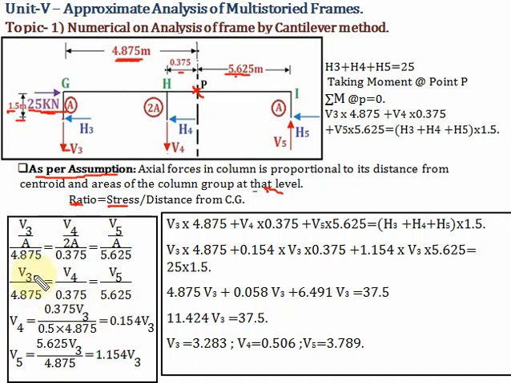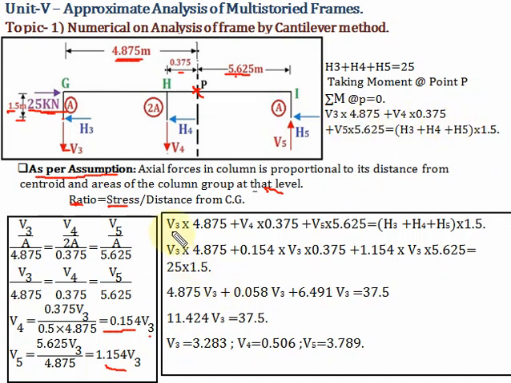Now three unknowns are there, V3, V4 and V5. We'll find V4 and V5 in terms of V3. After solving, we get V4 as 0.154 V3 and V5 as 1.154 V3.